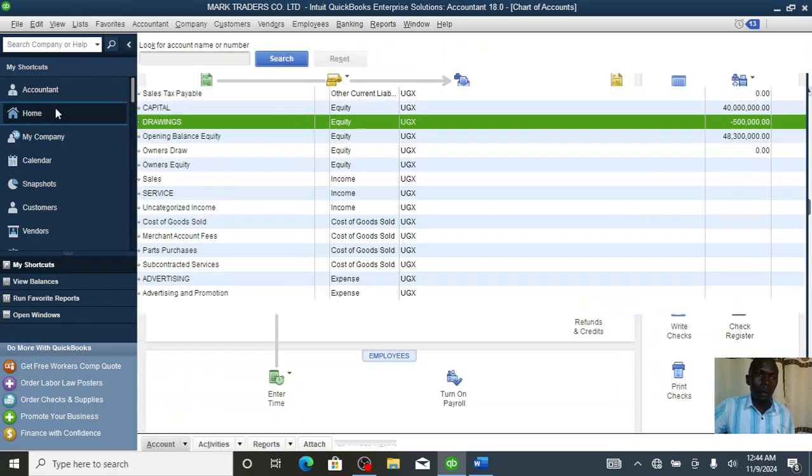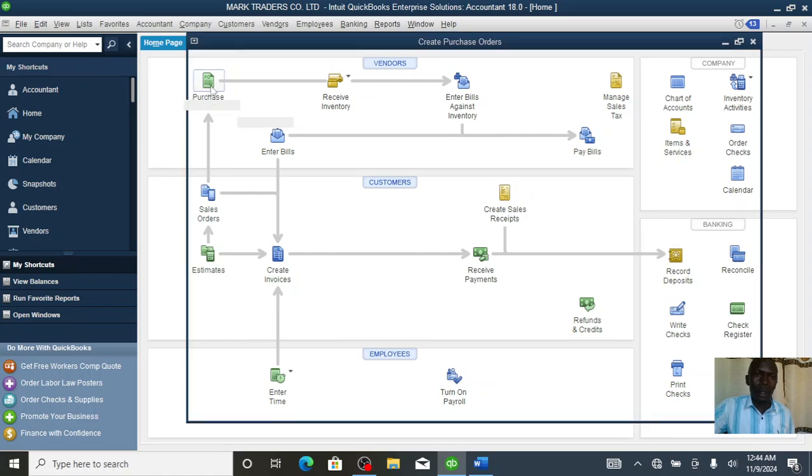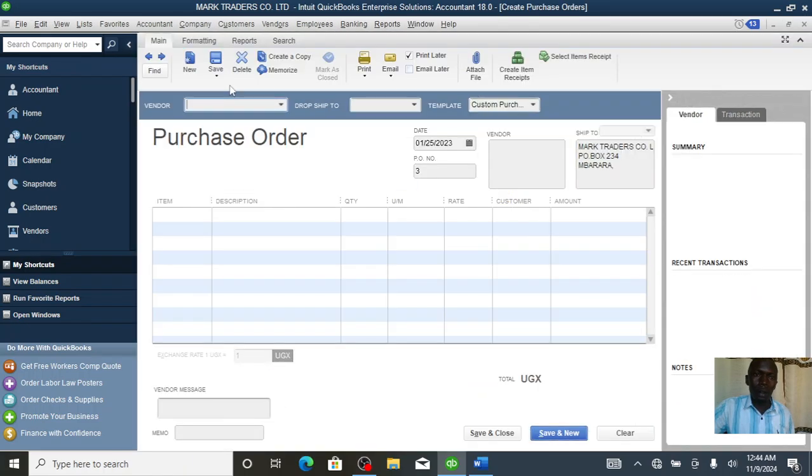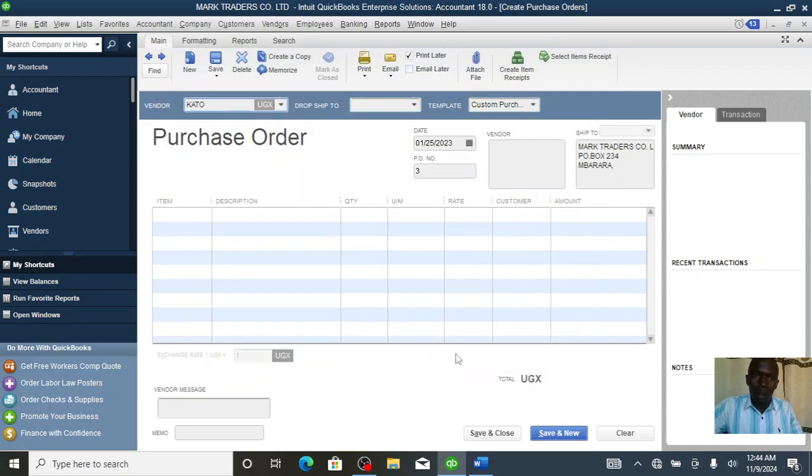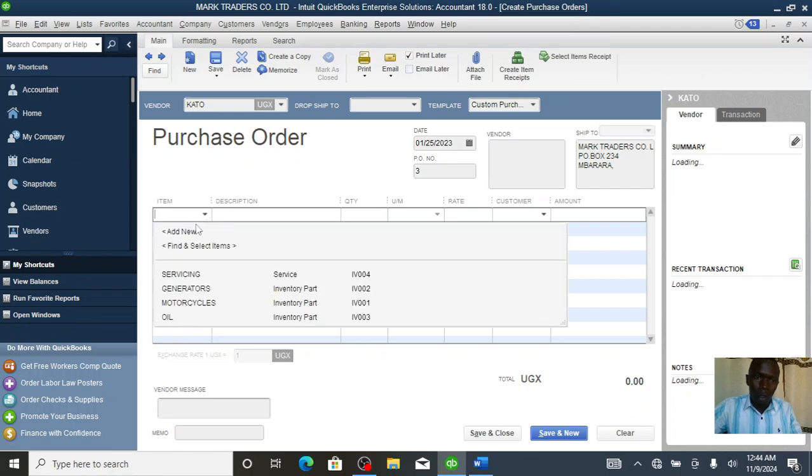Go home, go to purchases. Our vendor, we shall call him Kato. And okay. The item we don't have, so we shall create it.